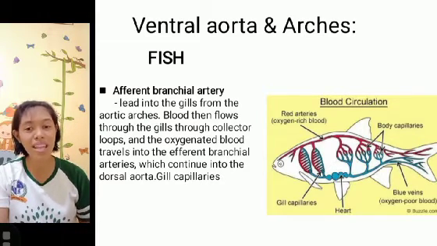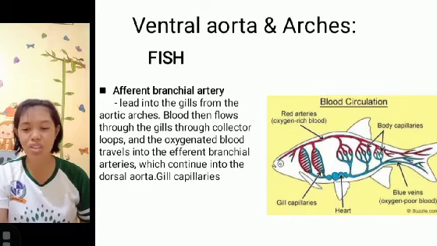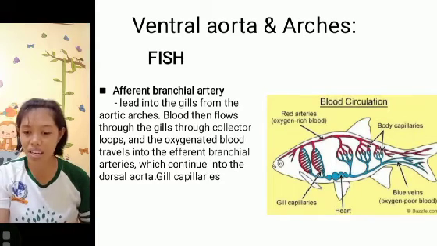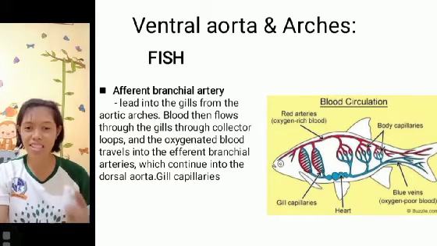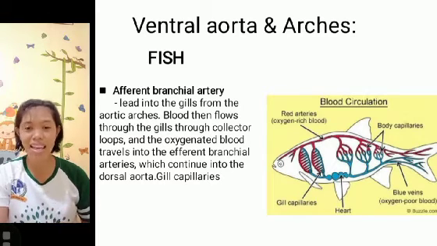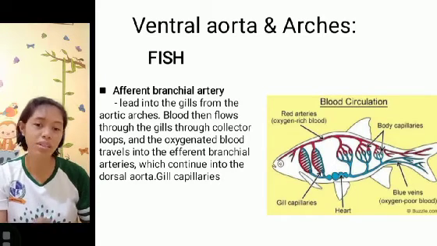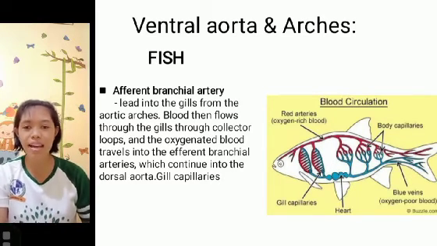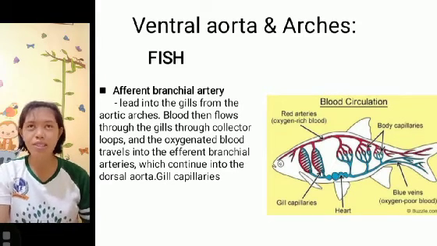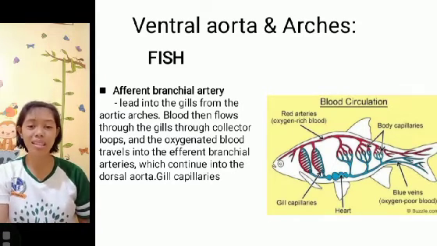So let's start with the anatomy of this fish. We can see here the body capillaries, where the gas exchange occurs. We have the red one, as I said earlier, that's our oxygenated blood, and then the blue veins, oxygen poor. This area here is our gill capillaries, so that's where our arcs are located.